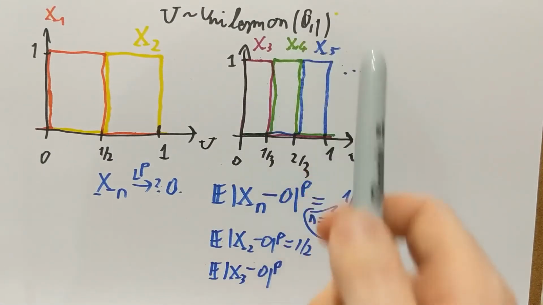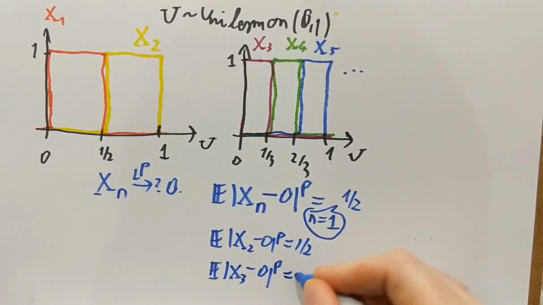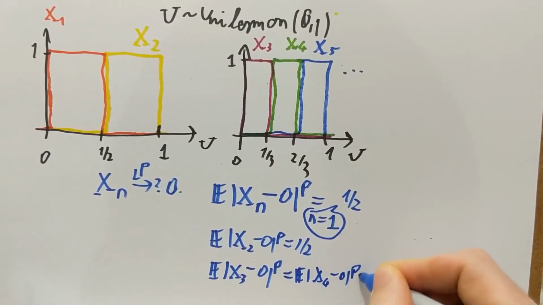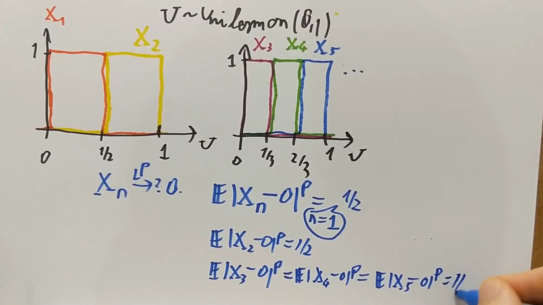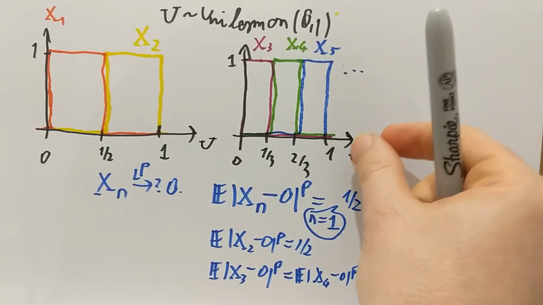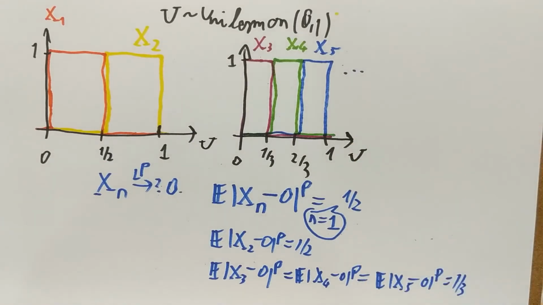The same happens for X4 and X5, so these are all 1/3. What is the similar expression for X6? X6 would be 1 on the interval 0 to 1/4 and 0 elsewhere. So for X6, X7, X8 and X9 it's 1/4. The next 5 have 1/5 and the next 6 have 1/6, and so on.